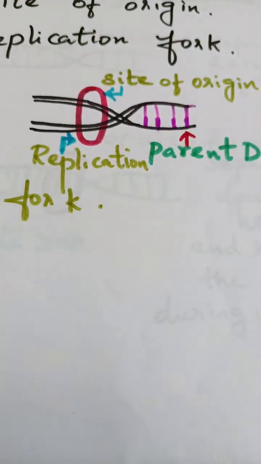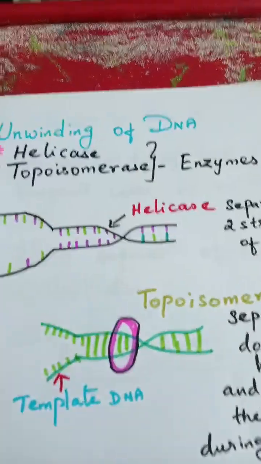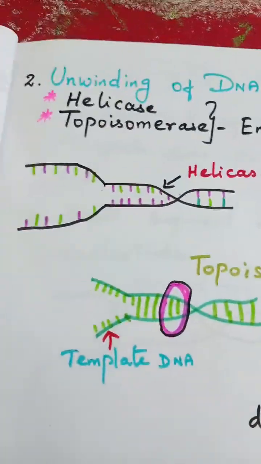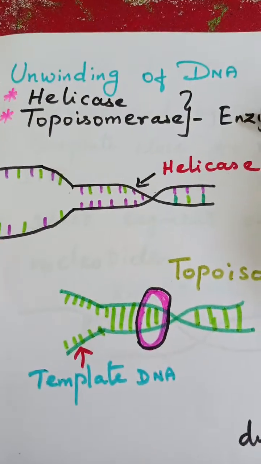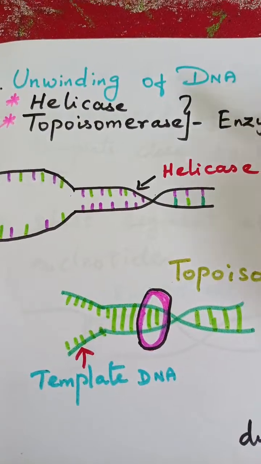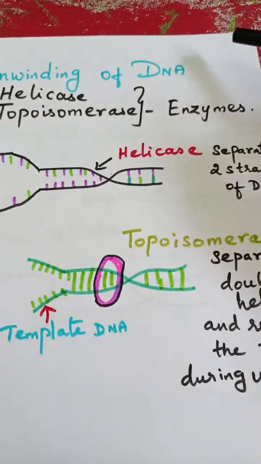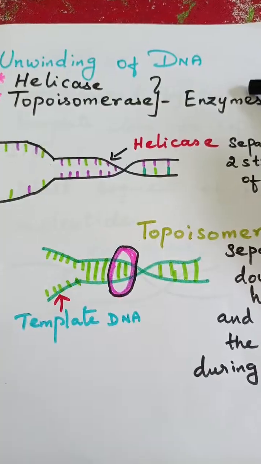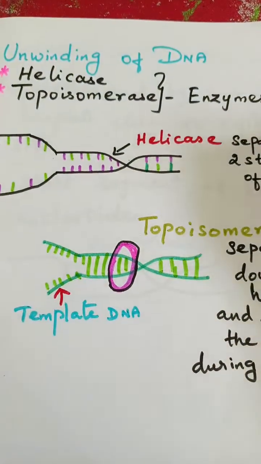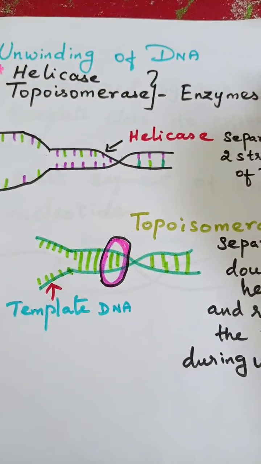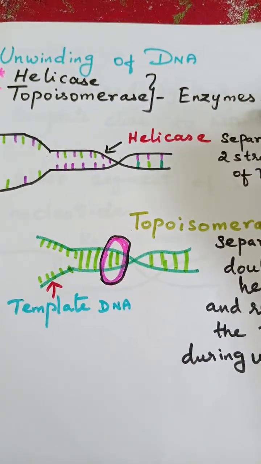Is that clear? Now, what is the next step we have seen in the outline? We have seen that unwinding of DNA will take place. So in this process there are some enzymes. What do you mean by enzymes? Do you have any idea about enzymes? Enzymes are nothing but protein substances.